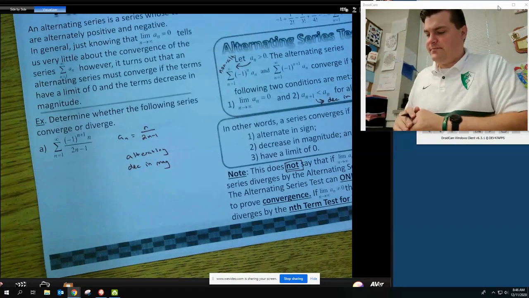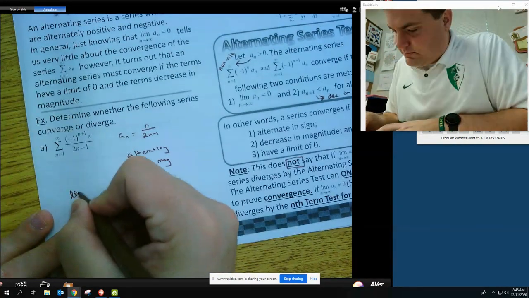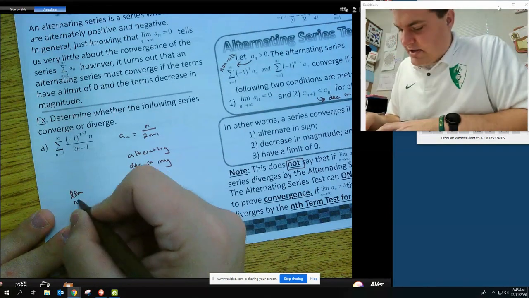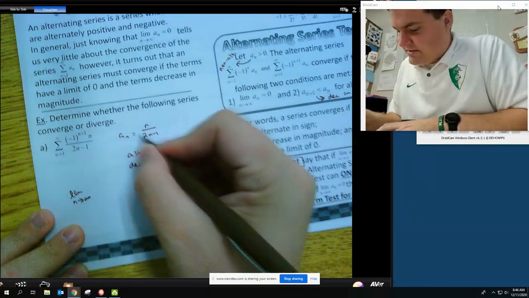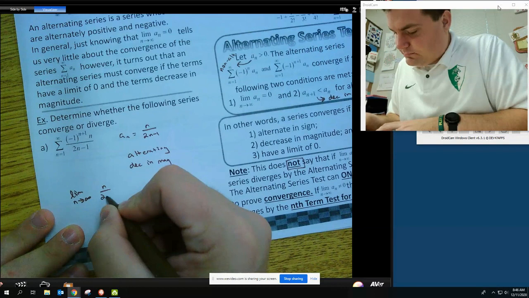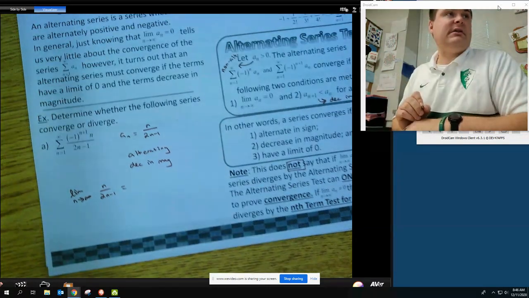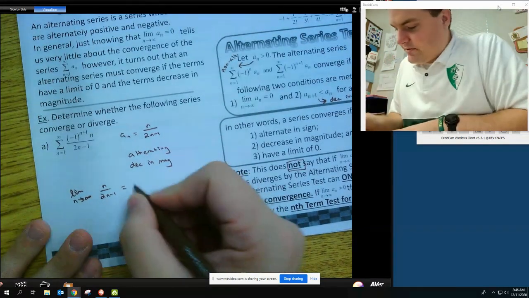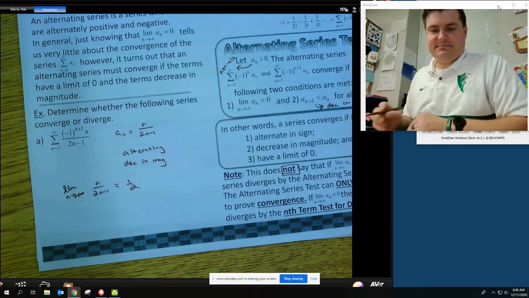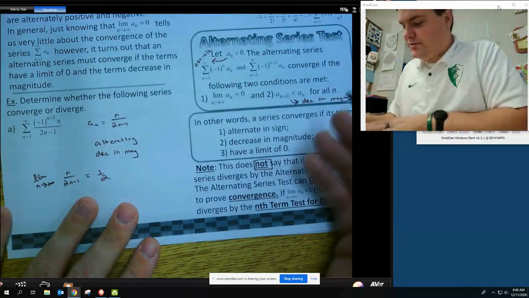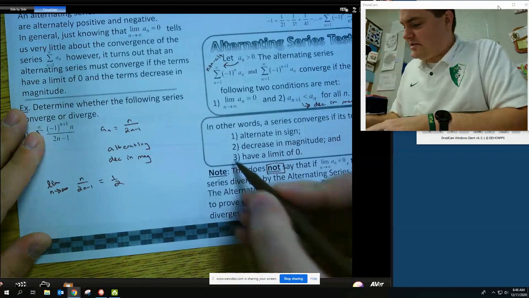And now the limit part. Let's go ahead and find the limit. So the limit as n approaches infinity of just my a sub n term is going to equal 1/2. So actually, I can't use the alternating series test because it does not have a limit of 0.